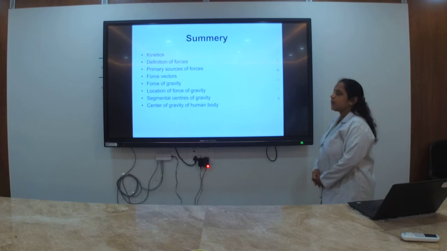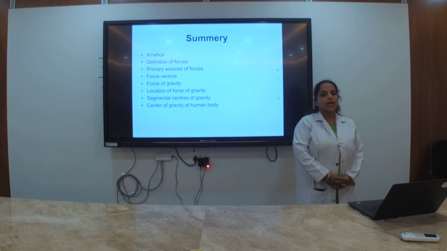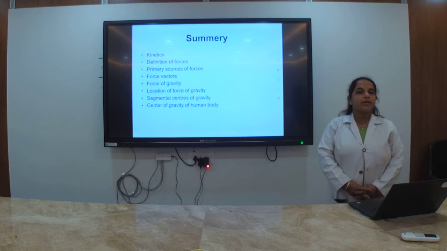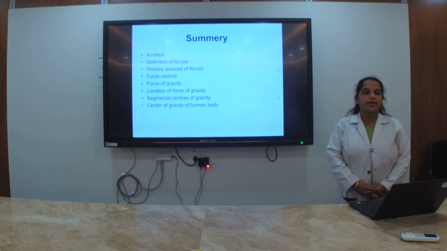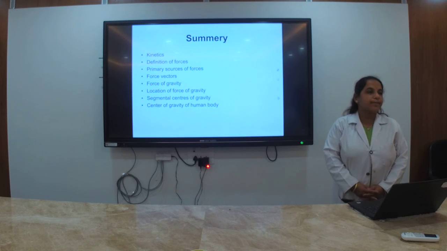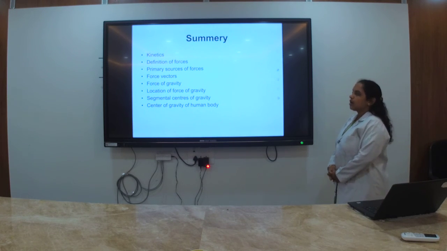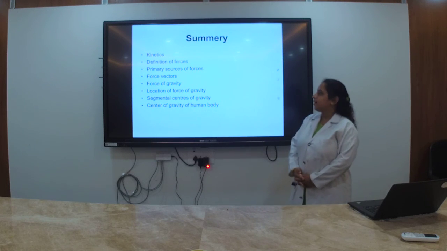There are two types of forces, external and internal. External forces are manual resistance by therapists, some mechanical devices like weight cuff, TheraBand, etc. Or another example, water and wind are also examples of external forces. On the contrary, internal forces are muscles and the ligaments.